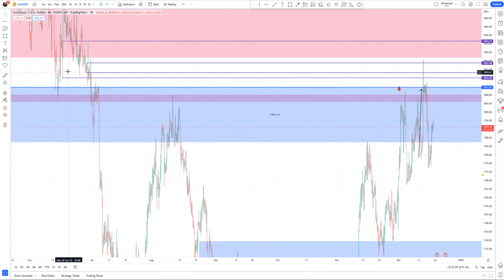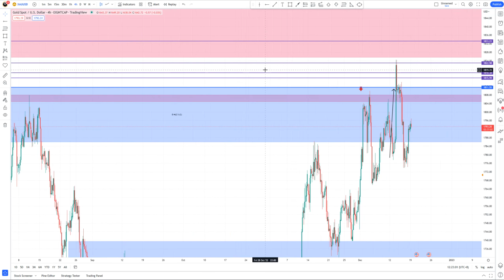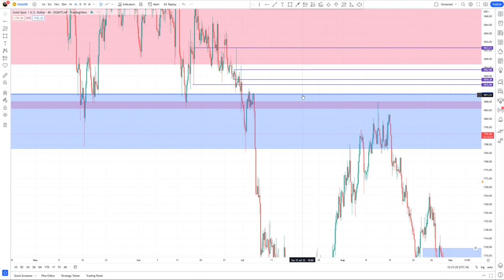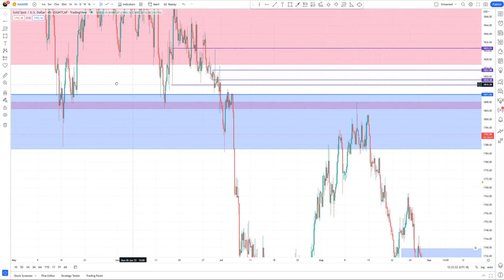For me, H4 levels are still very, very far away. Before we go into H4 levels, there could be an H1 or M30 level around this area to push price back down. Or if there isn't a sell setup, there would be a buy setup to push price back all the way up into the H4. So that's gold for now.